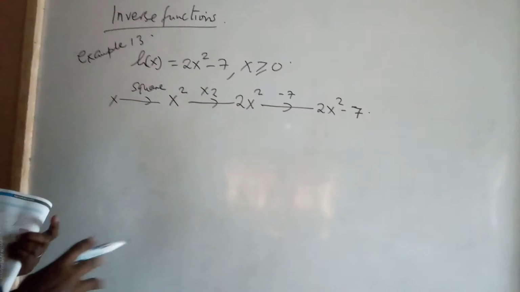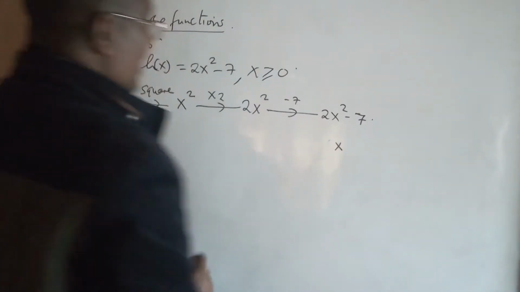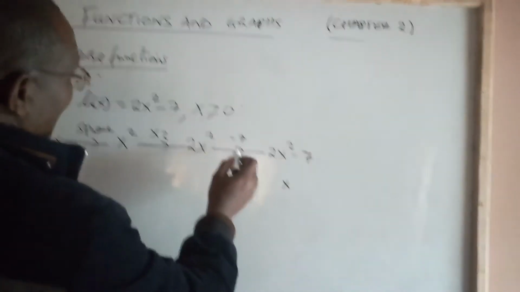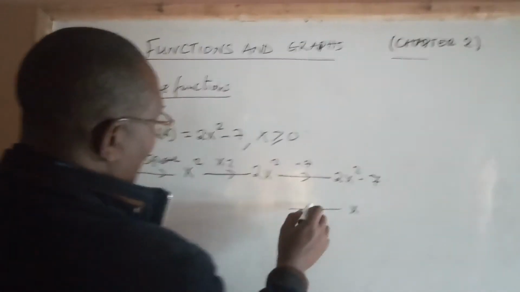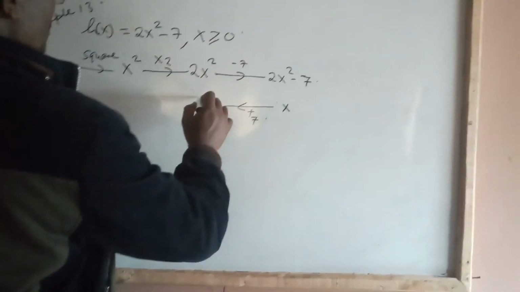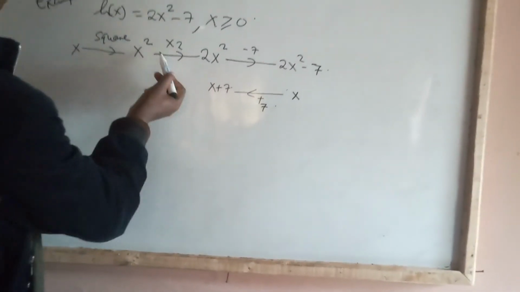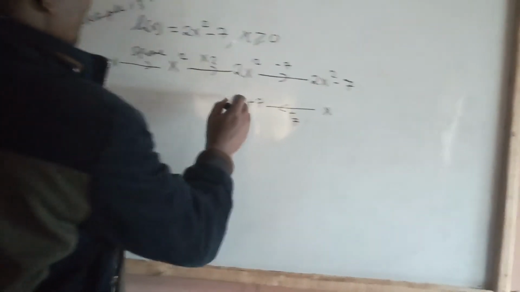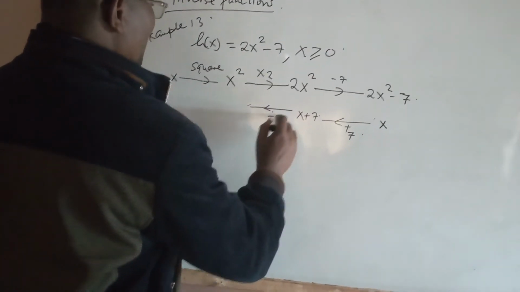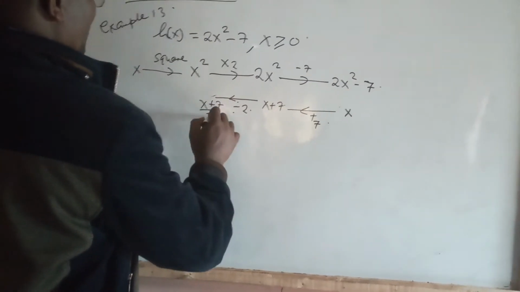If you were to start from this side now, assuming we have an original variable x, instead of subtracting 7, we add 7 because the inverse does the opposite. So we have x + 7. And instead of multiplying by 2, we divide by 2, which gives us (x + 7)/2.